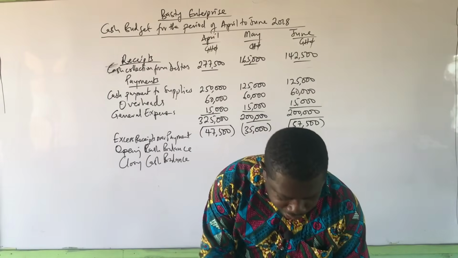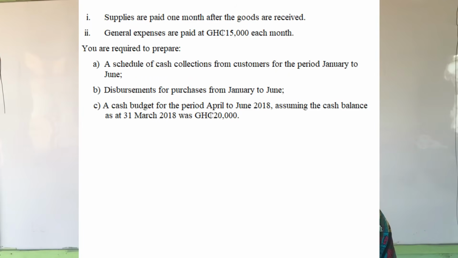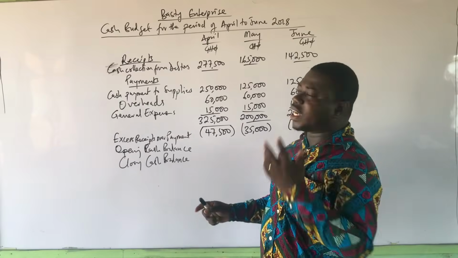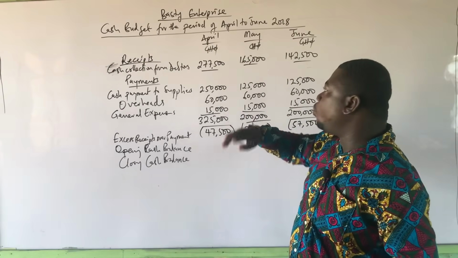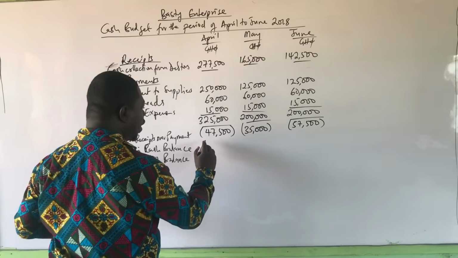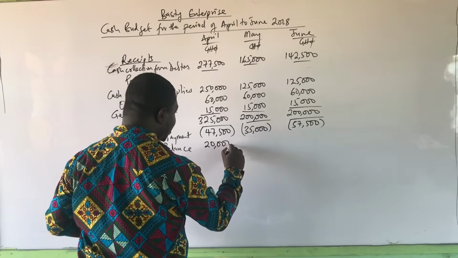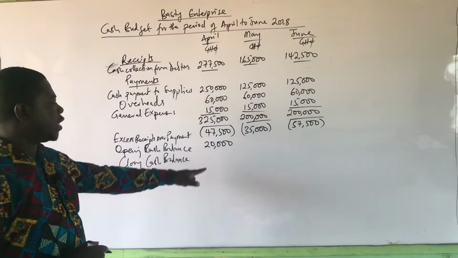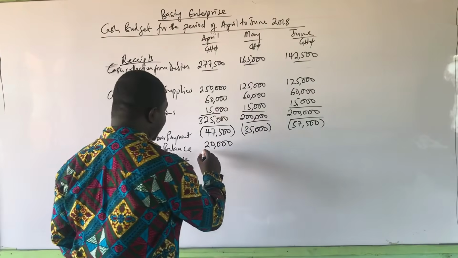If you go through the question, we are told that requirement C, a cash budget for the period of April to June 2018, assuming the cash balance at March 2018 was 20,000 Ghana cedis. So the cash balance at March will become the opening balance for April. So the opening balance is 20,000, and it is only that balance that is going to be given to you. So this is the opening balance for April. It was a positive balance.